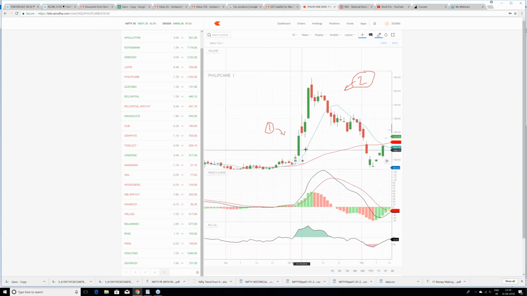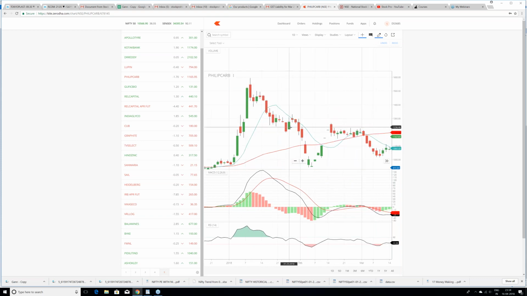Of course, if you're a long-term investor, at least this run up you will be able to enjoy with confidence, where you don't need to worry. From here till this point is what you can really enjoy. This is your safe run up, okay? And you will be able to maximize your benefits.